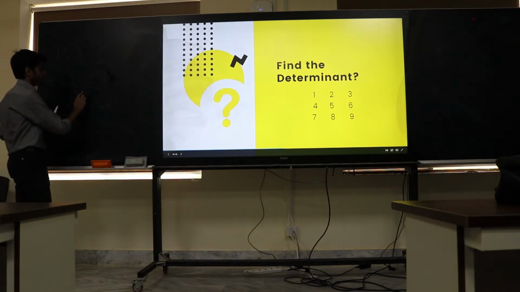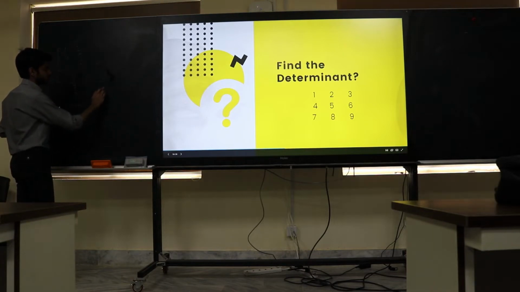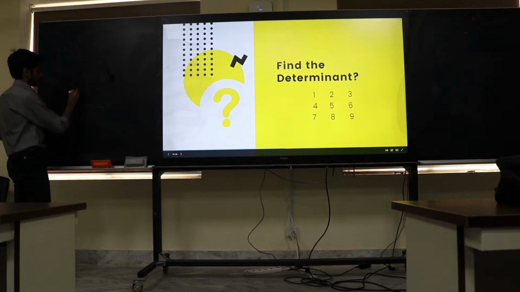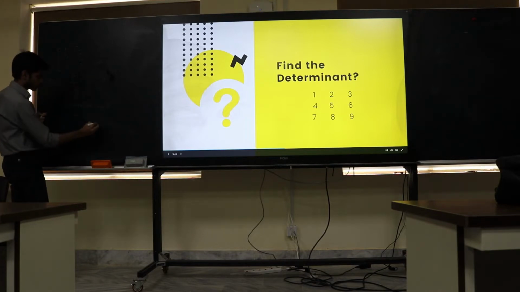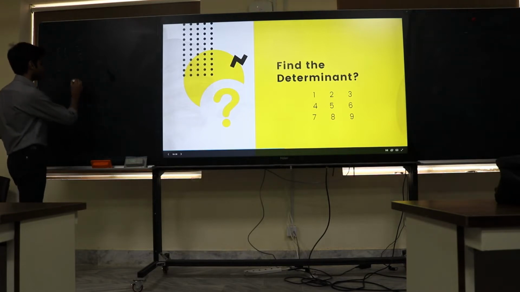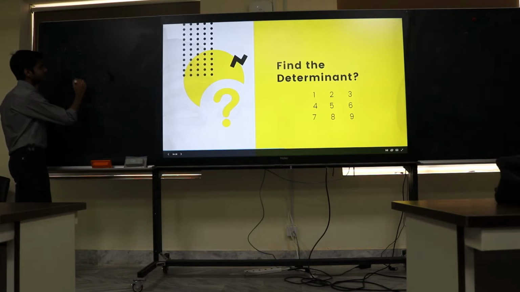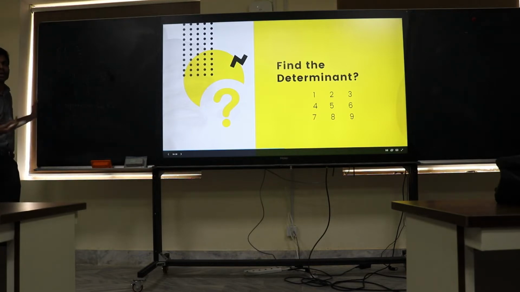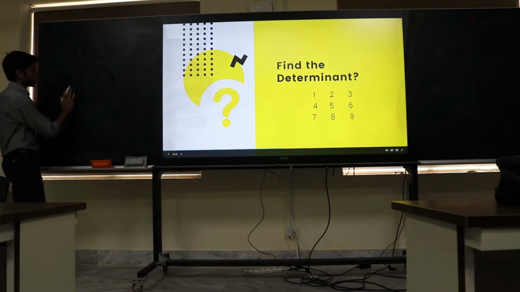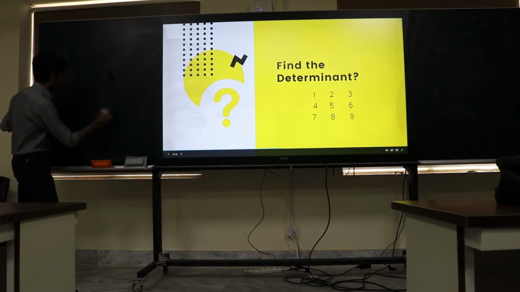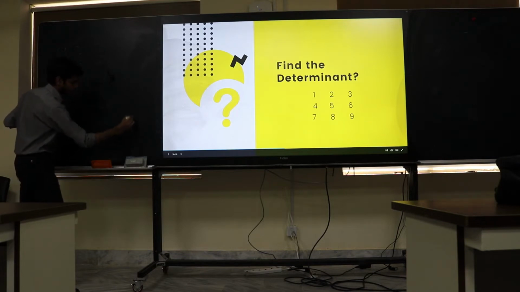Now, we are dealing with 2. So we have 2 here, multiplying by the matrix. We will delete this row and this column, because 2 is part of the second column. So we will be deleting the column which has 2. So the matrix remaining is 4, 6, 7 and 9.